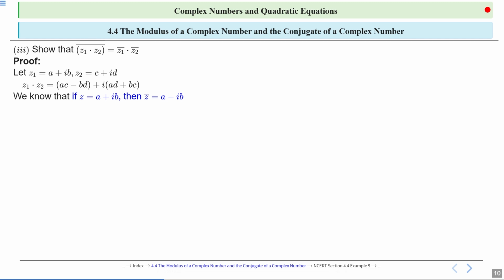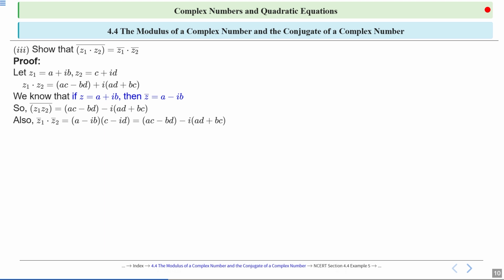Remember, the conjugate of a complex number Z equals A plus iota times B is Z bar equals A minus iota times B. So conjugate of Z1 times Z2 equals AC minus BD minus iota times (AD plus BC). Also, let's find the product of the conjugates.